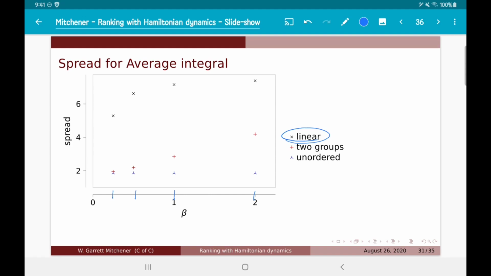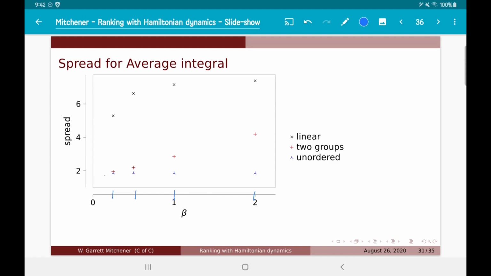As to why I'm drawing these as cross marks, really I had intended to draw 95% confidence intervals. Again, I've got 10,000 samples. I can do that. The thing is that the confidence intervals were so tight that they were barely visible, so I just plotted one endpoint. So again, it is as expected. The spread increases as you increase beta because there are fewer upsets in that linear, evenly spaced strength data.